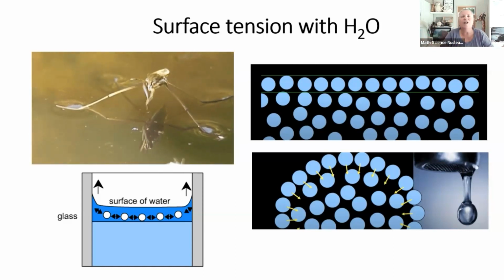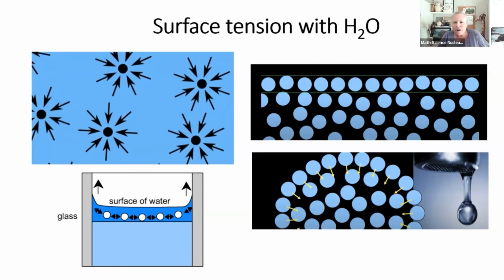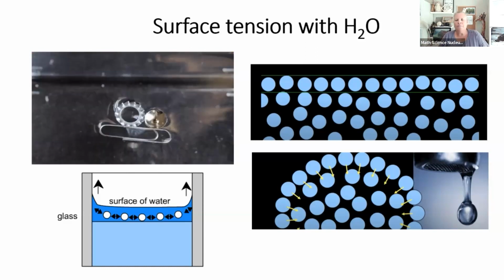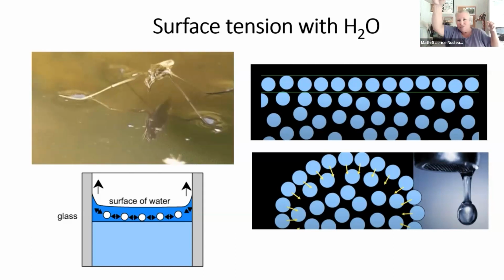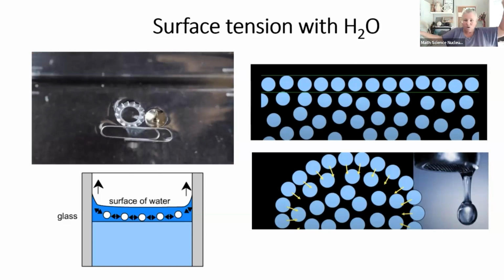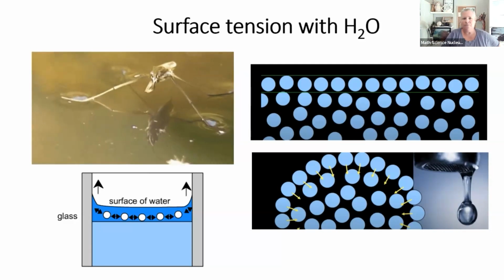The reason it does that is because of surface tension. And even on the far right, if you look at that drop of water, you see this diagram showing you how these molecules are all holding hands and holding on, which gives us that shape of that drop.